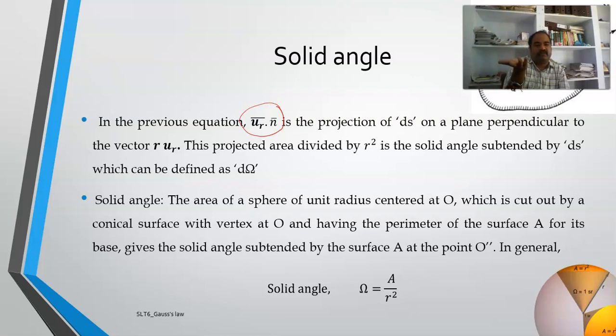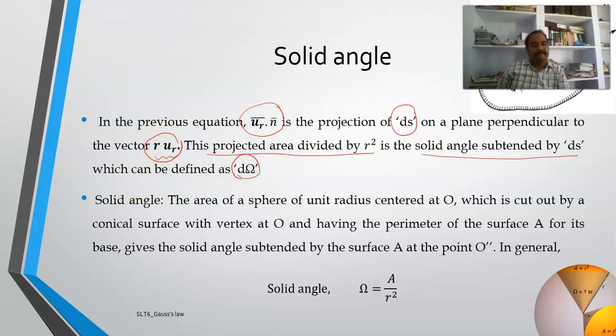So UR dot n bar times ds is nothing but the projection of ds on a plane perpendicular to the vector, isn't it? Now the projected area divided by r square is called the solid angle subtended by that ds, which is defined by d omega.